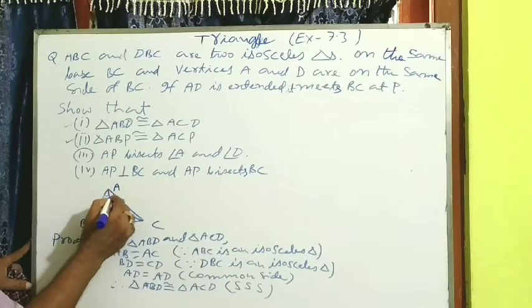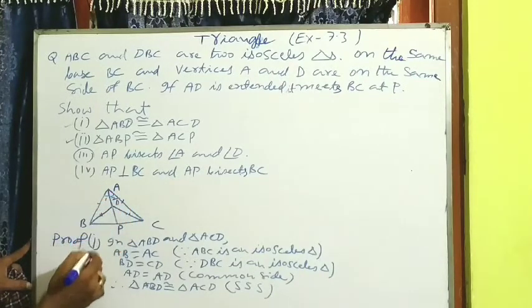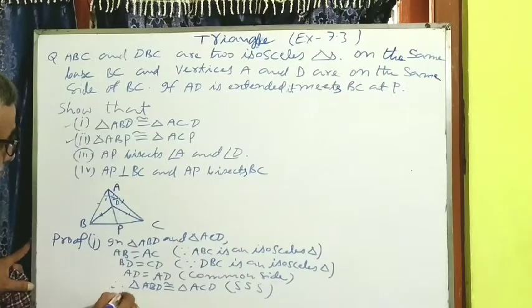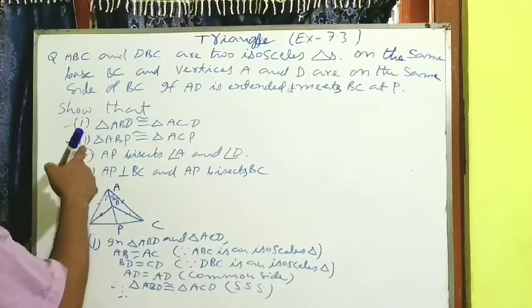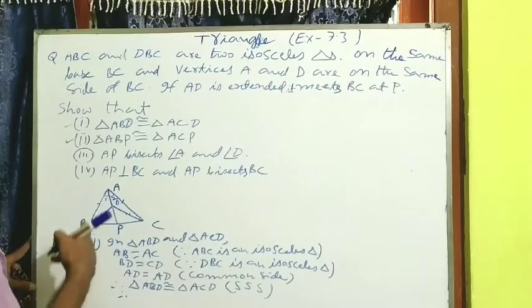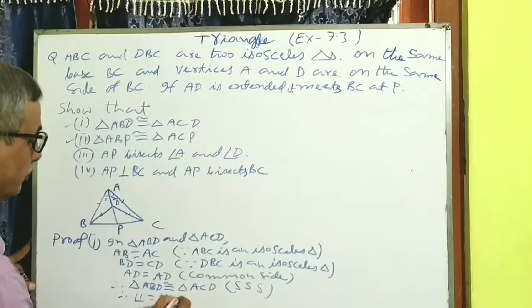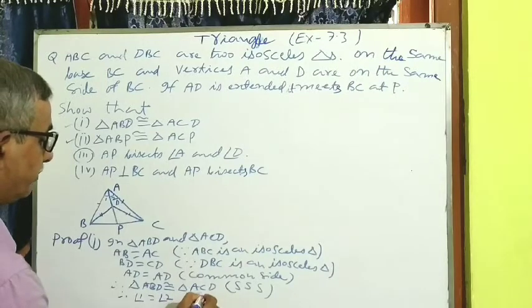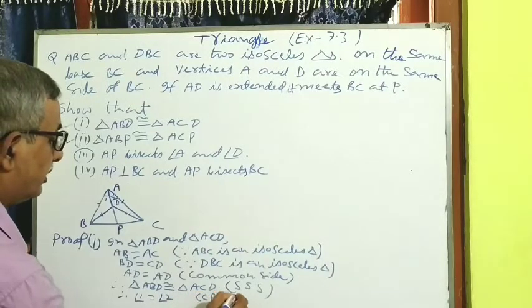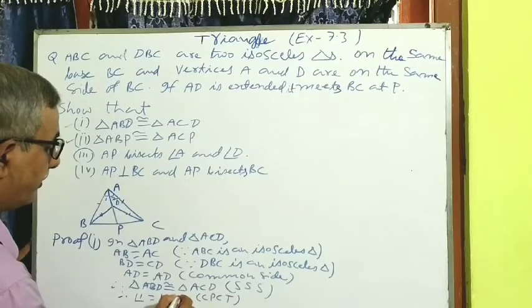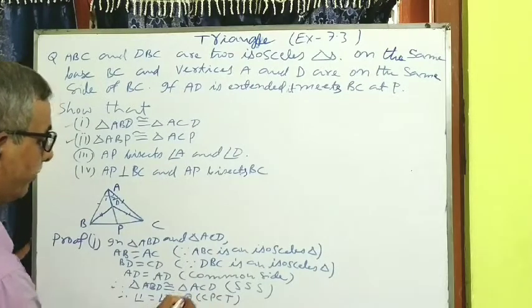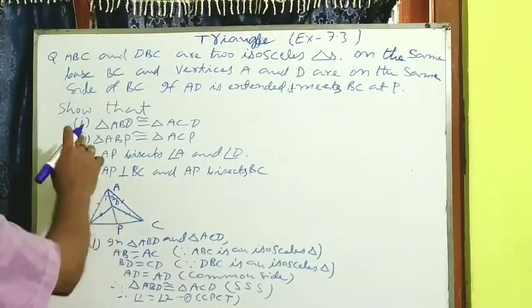Although it is not required here, it will be required later. So you can write angle 1 is equal to angle 2 by CPCT. This is equation number 1. So proof 1 I have done.